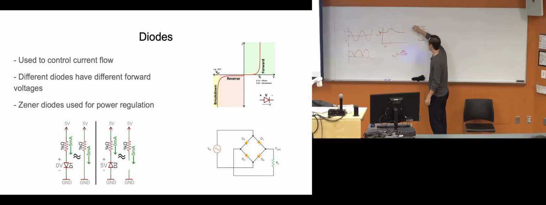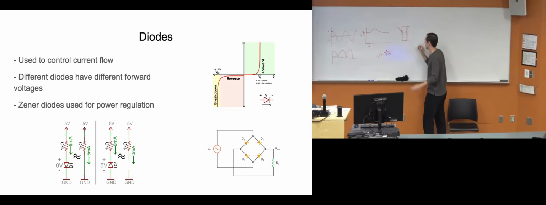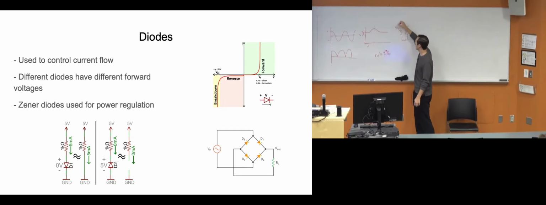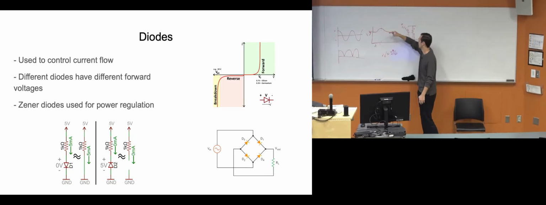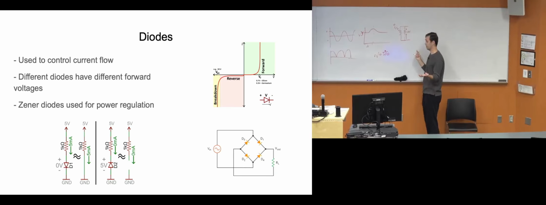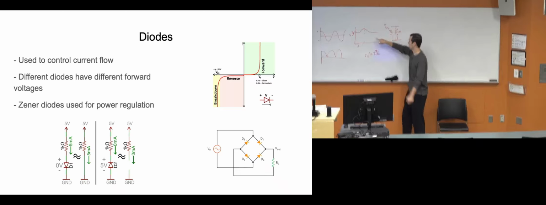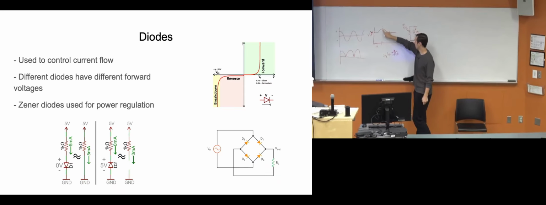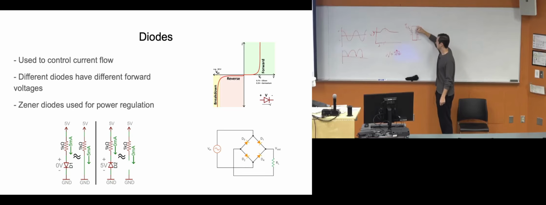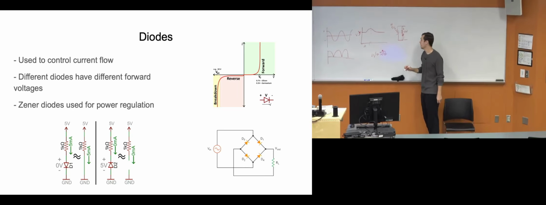So let's say your system is 5 volts in this case. And let's say if your system hit a 6-volt peak here, everything would break, right? You would put a Zener diode with a breakdown of maybe something like 5.5 volts, right? And so as soon as this gets over 5.5 volts, this diode is going to break down and allow current to go through it, right?